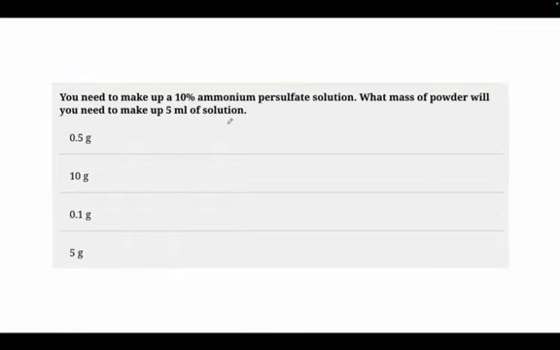You need to make up 10% ammonium persulfate solution. What mass of powder will you need to make up 5 ml of solution? You just need to know the definition of percentage. The definition of percentage is 1 gram per 100 ml. So a 10% solution will be 10 grams per 100 ml.